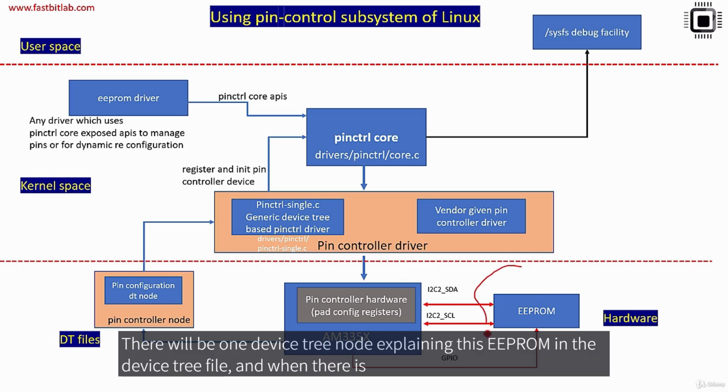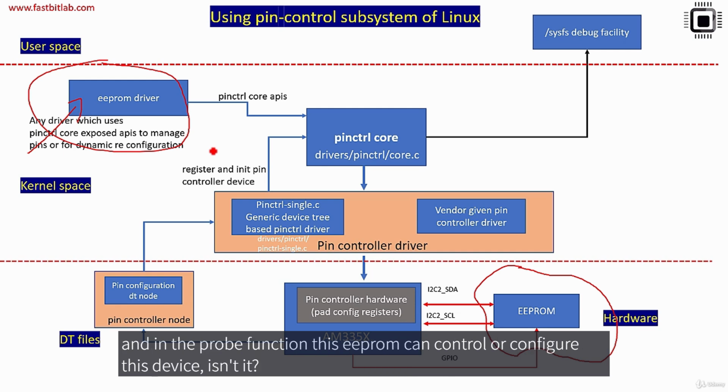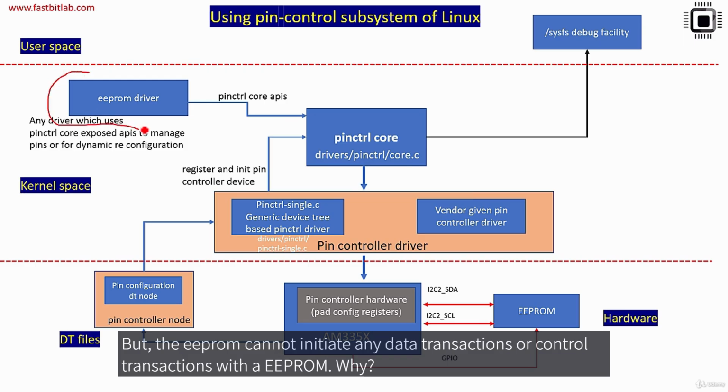There will be one device tree node describing this EEPROM in the device tree file. And when there is a match between this device tree node and this driver, you know that the probe function of this driver gets called. In the probe function, the driver can control or configure this device, isn't it? But the driver cannot initiate any data or control transactions with the EEPROM.